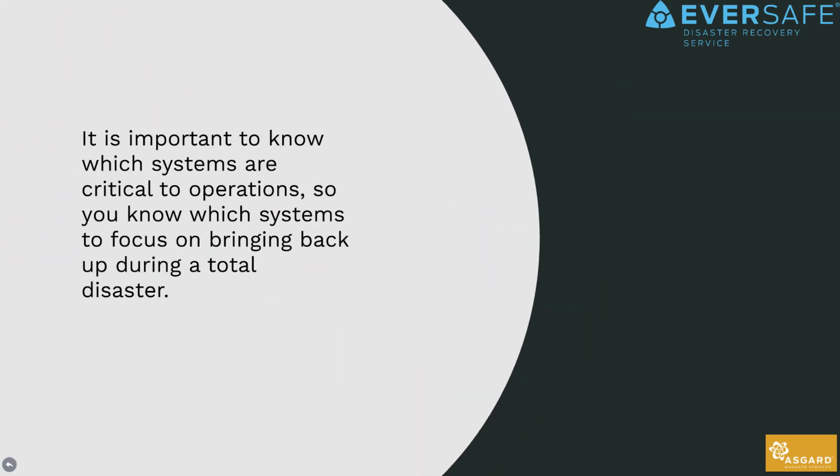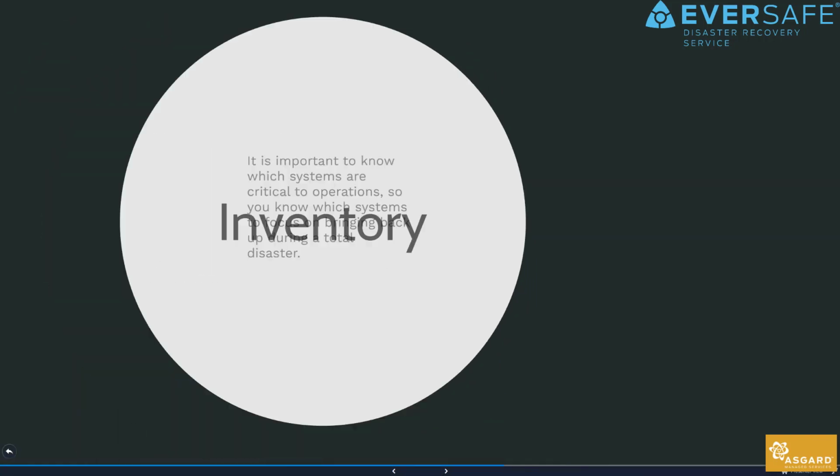Inventory is knowing which systems are critical to operations, so you know which systems to focus to bring back first during a total disaster. Say the entire environment is knocked down. As we've been saying, let's say email and SQL are necessary, so we will focus on bringing those two systems back online first to restore communications and business cash flow.